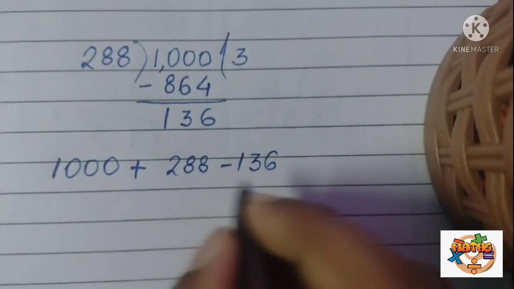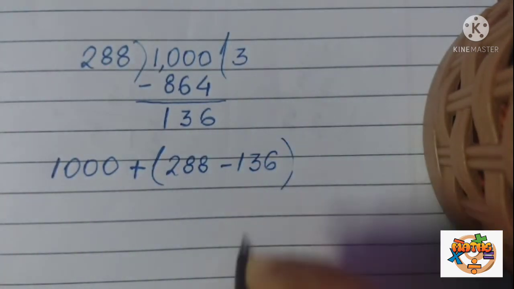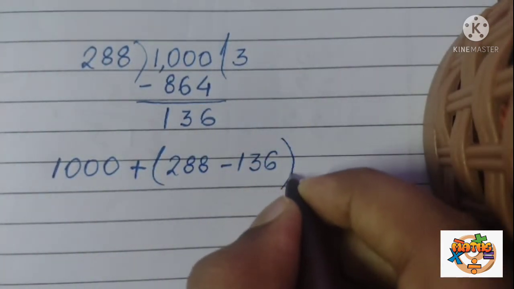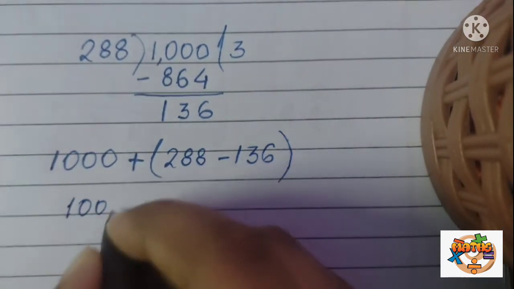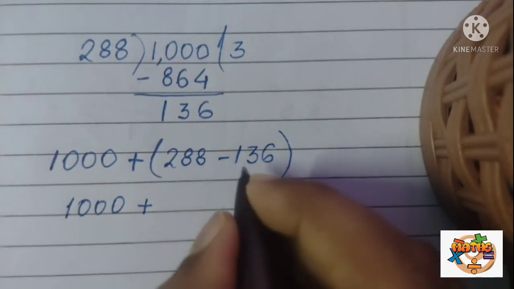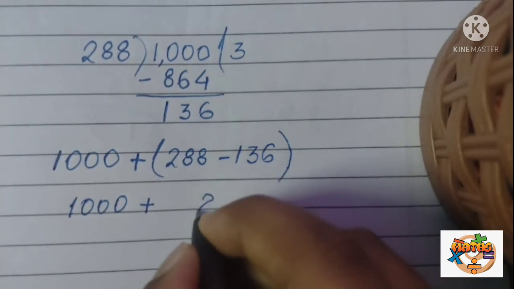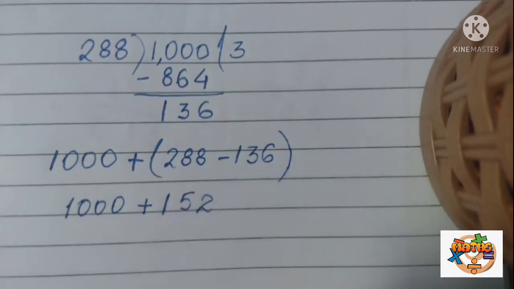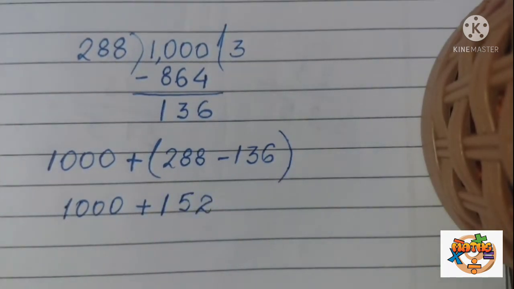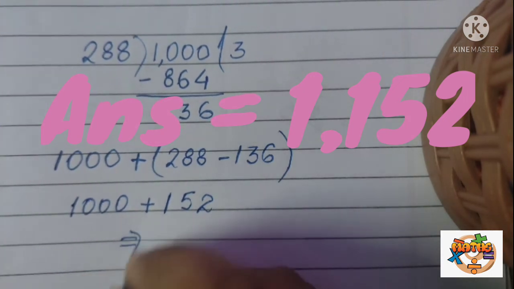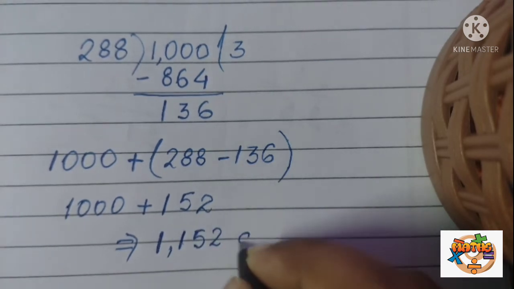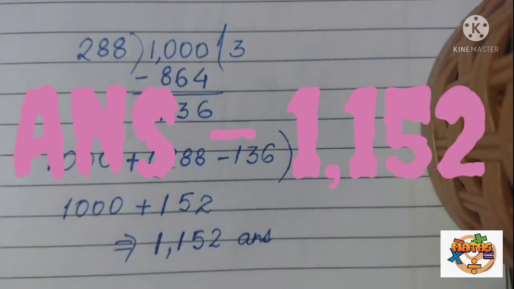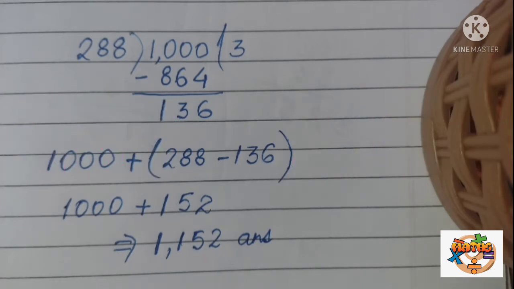This is to be operated first of all, so we will keep this in brackets because brackets are operated first. Now 1000 plus, we will find the difference, 152. Now when we add, the sum will be 1152. So this will be our answer. You can see the answer being displayed on your screen in pink color.